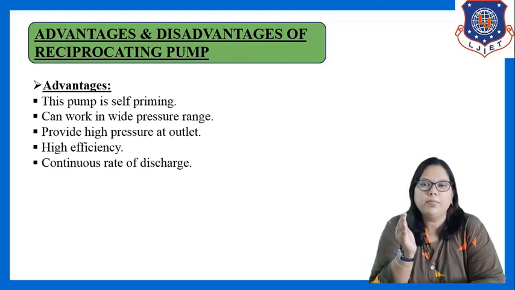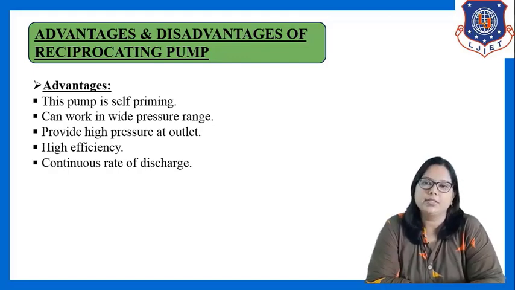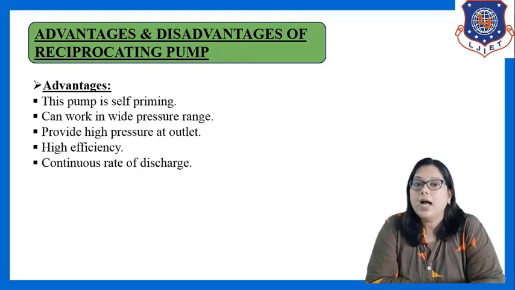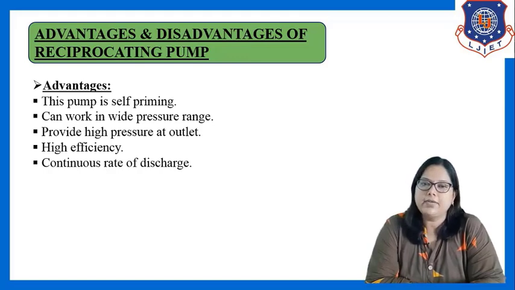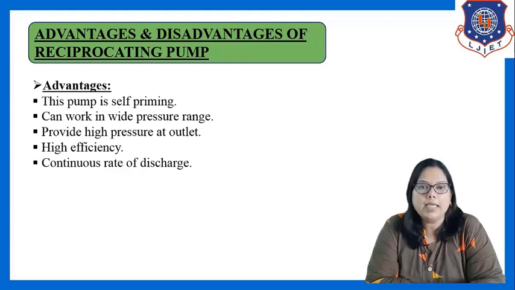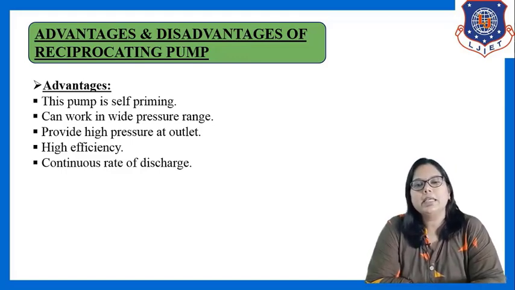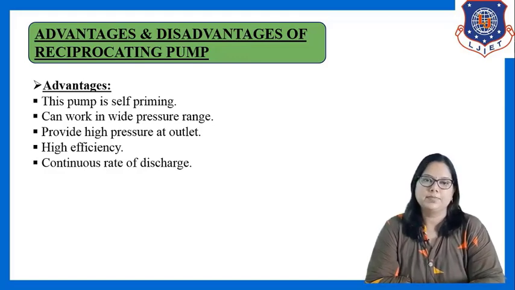Next, reciprocating pump provides high pressure at the outlet. Next advantage is reciprocating pump efficiency is high compared to centrifugal pump. And the last advantage is it gives continuous rate of discharge.